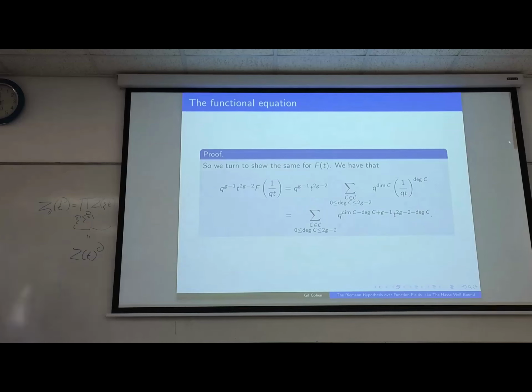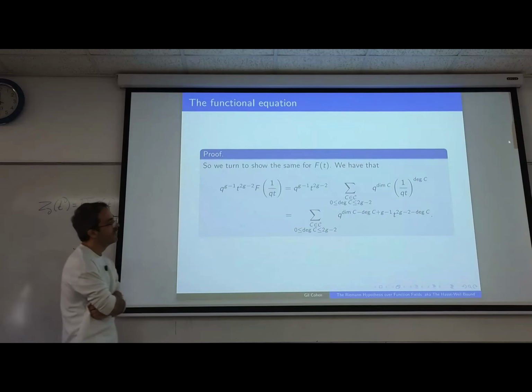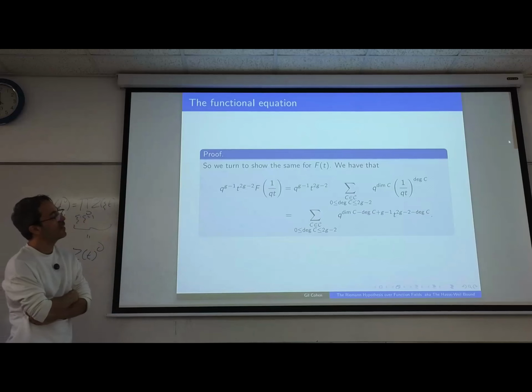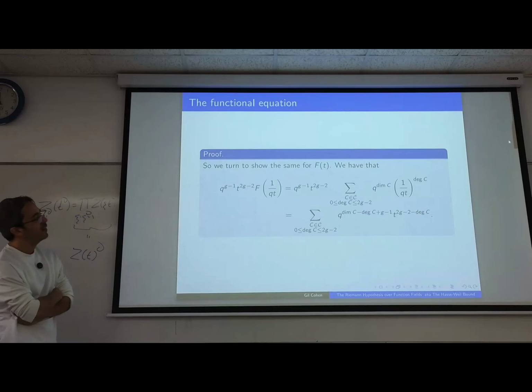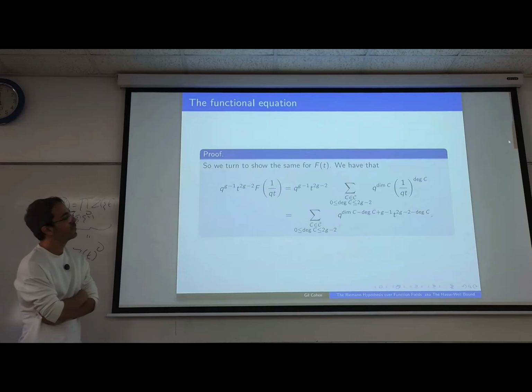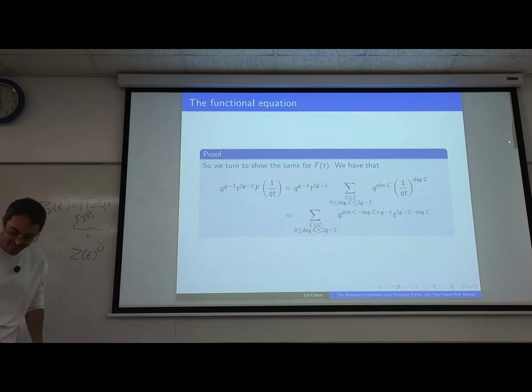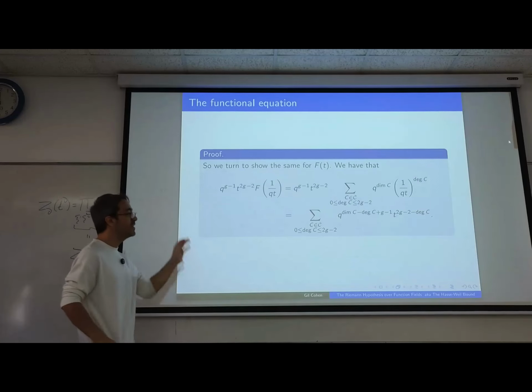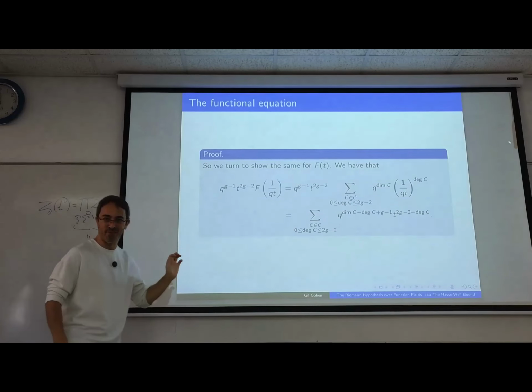They should be familiar to you. Exactly. So these are the dimension and degree of the canonical divisor.